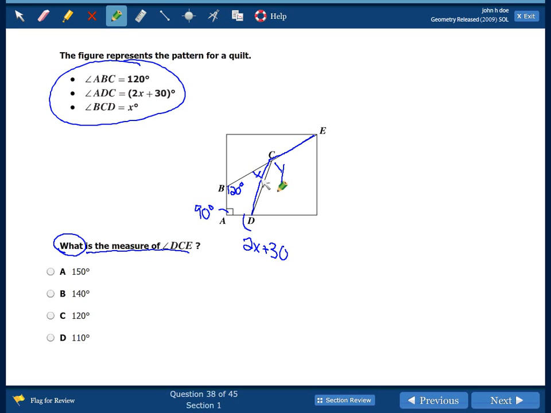How I solve this problem is I need to add up all 4 angles of this quadrilateral. It kind of looks like a kite. It doesn't have to be a kite, but we just need to add up these angles. So 90 plus 120 plus x plus 2x plus 30. Since it's a quadrilateral, it's going to be equal to 360.